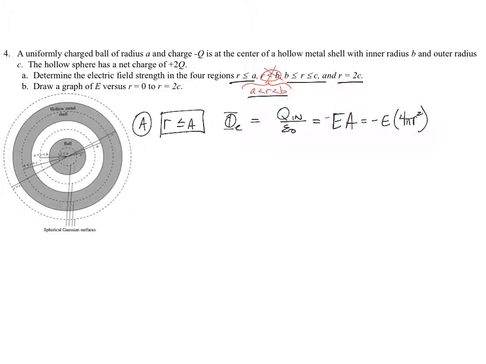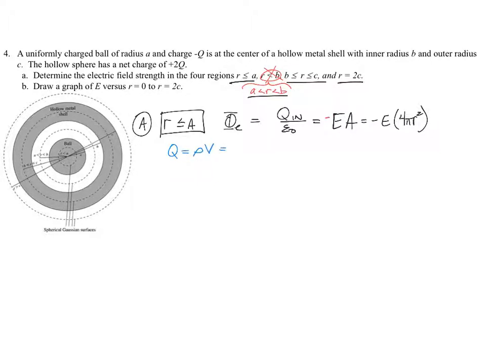So we're dealing with a volume, so we're dealing with a volume charge density. Q would have to be a volume charge density times the volume.